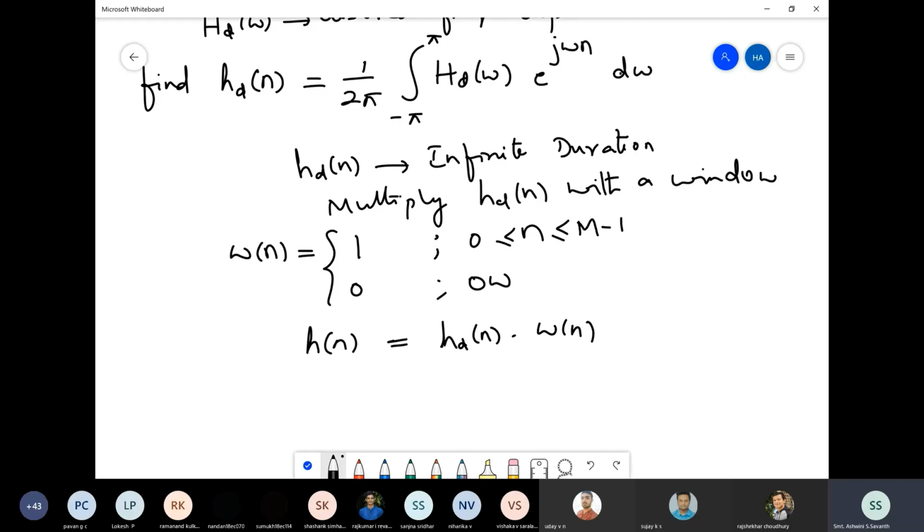H of n is the impulse response of the FIR filter that we are interested in designing. So H of n will be HD of n in the interval 0 to M minus 1, and 0 otherwise. An infinite duration impulse response we have just reduced to a finite number of samples.